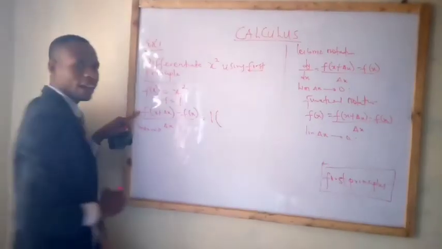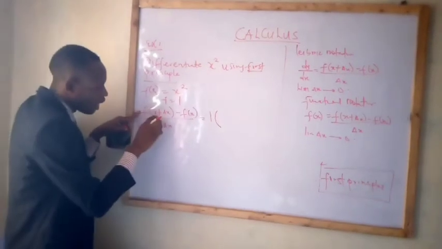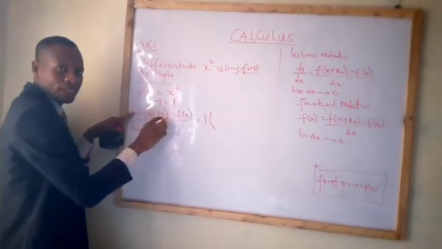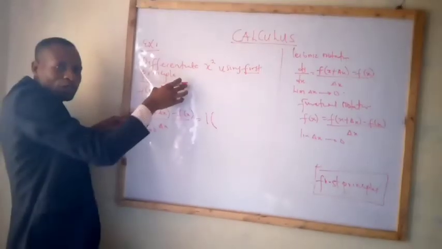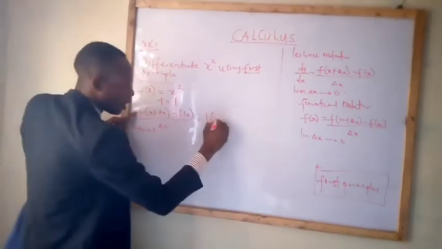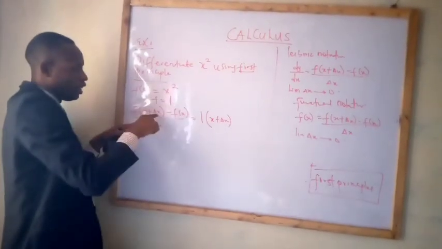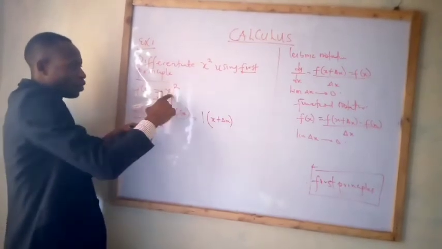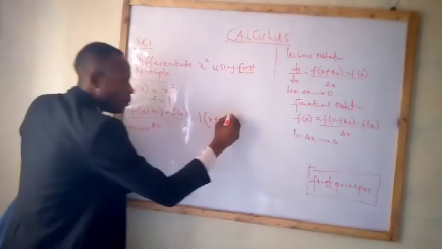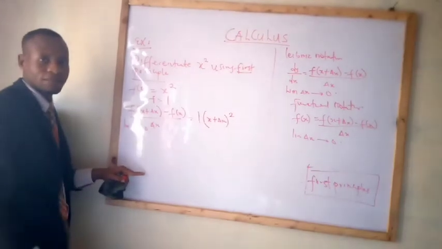Then into brackets. Now, this x plus delta x here simply represents the whole of this function. So I'll just simply put x plus delta x back. But the x plus delta x in this case, because the x here is having a power of 2, put the power of 2 like this.